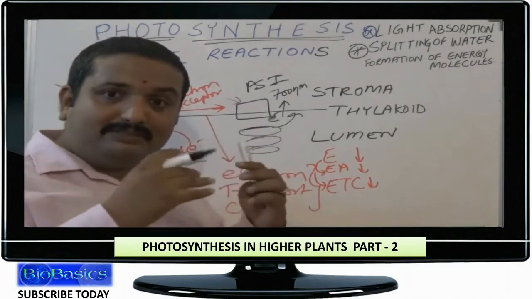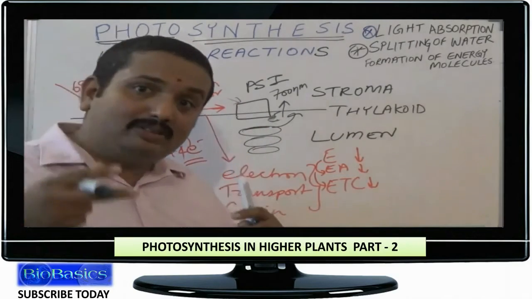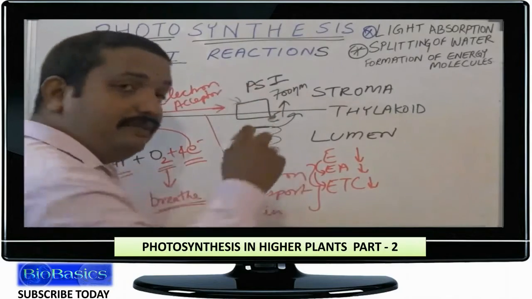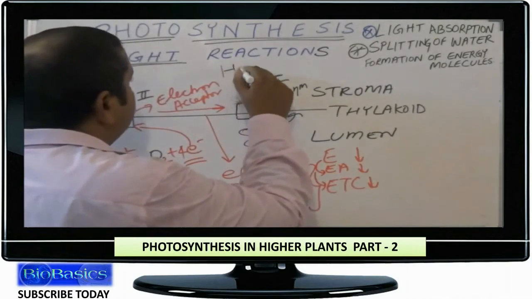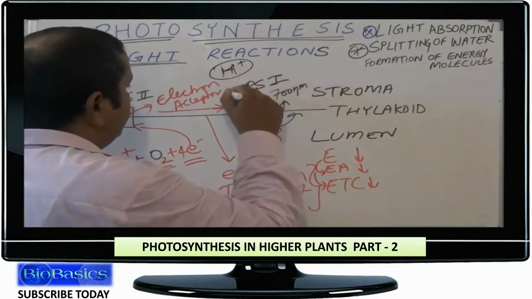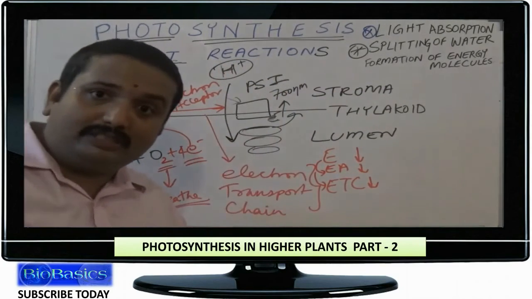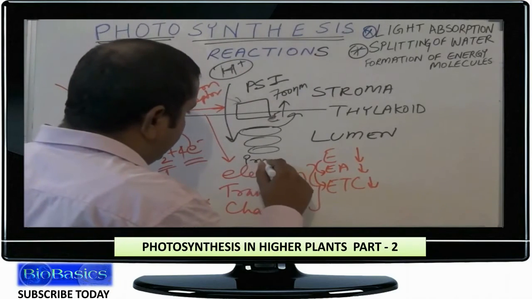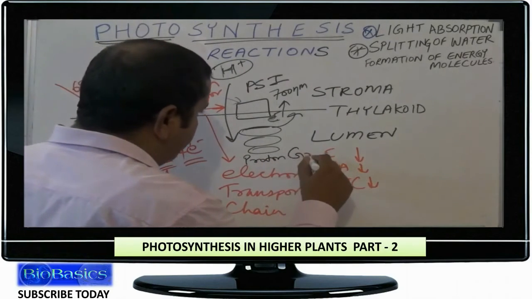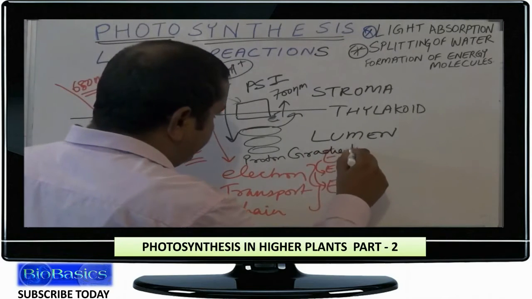But what happens when the electrons jump? Another thing also happens, which will be useful for us much later in the lecture. The H plus ions, okay, they also transfer, and when they transfer, they increase what is called the proton gradient.